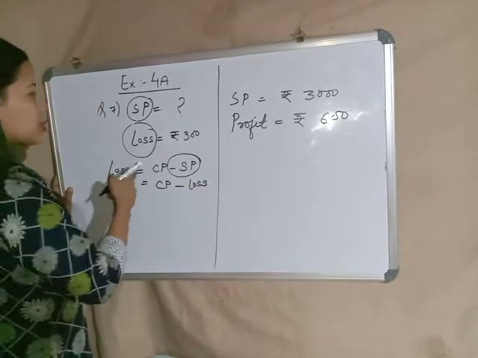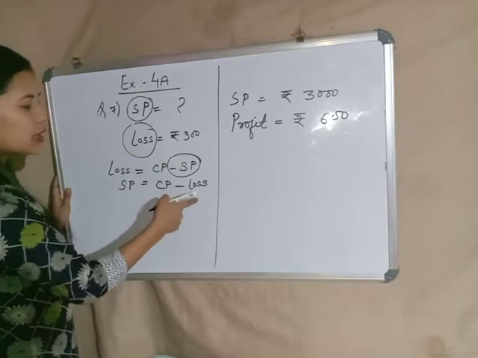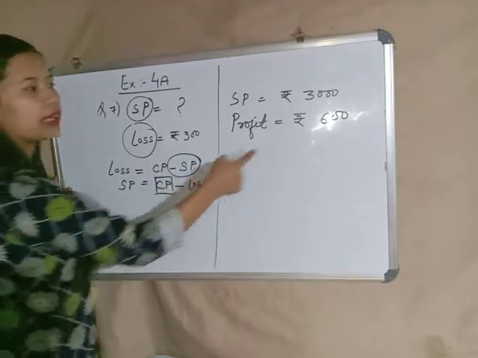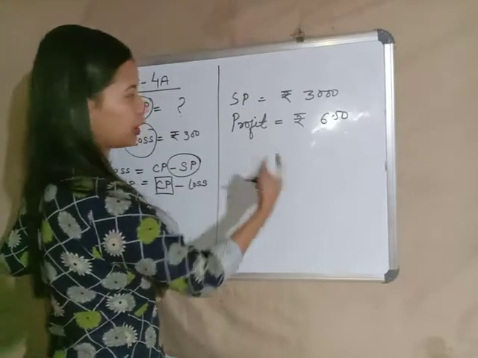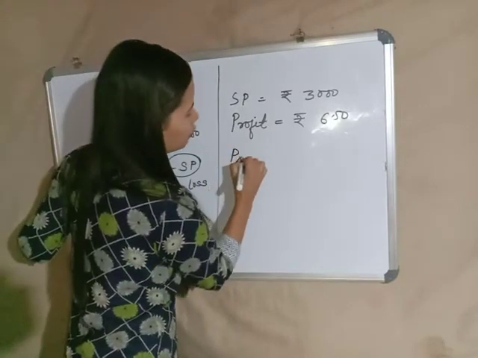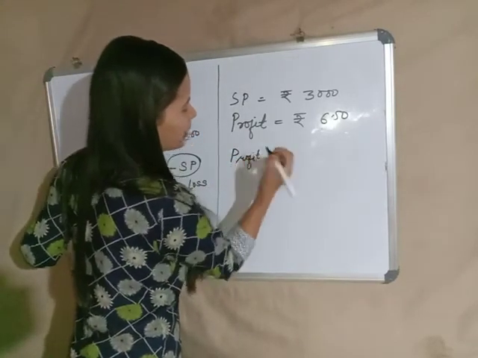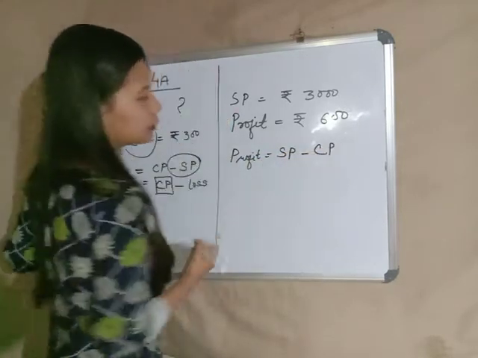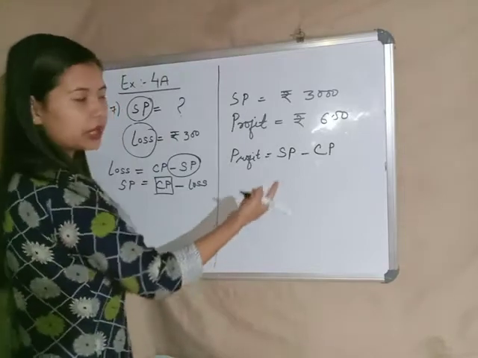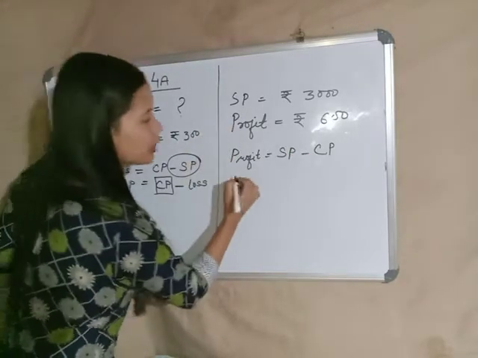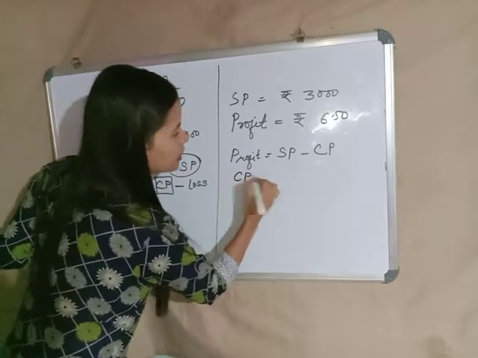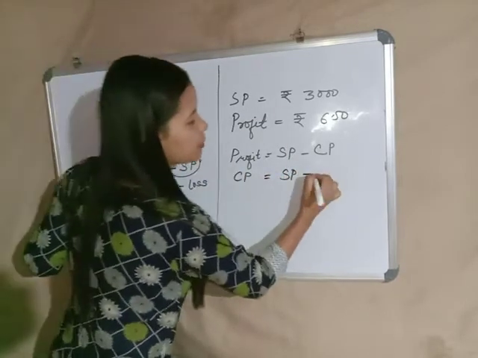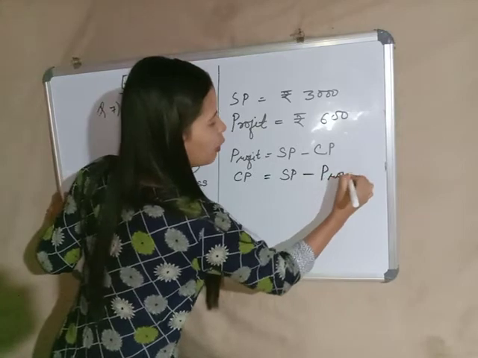Loss is given, we need to figure out the CP. CP we can get from the other fact. The formula that relates profit, SP and CP is this one. We need to know the CP, so we take it to the other side: CP will be equal to SP minus profit.